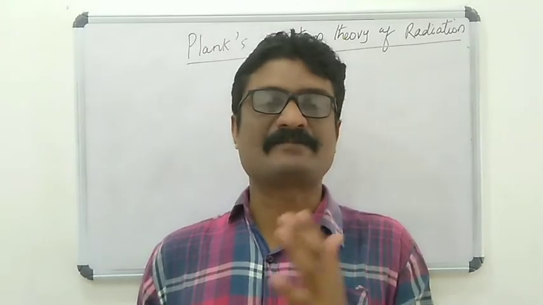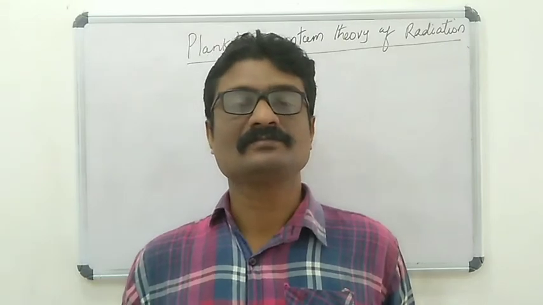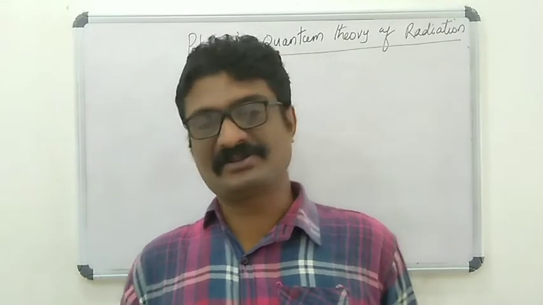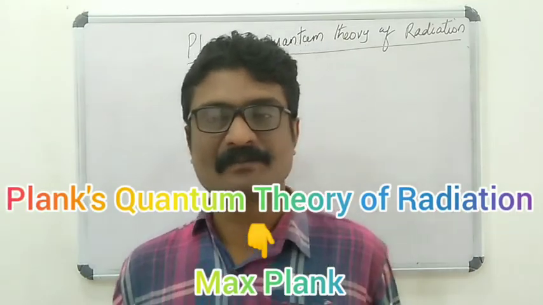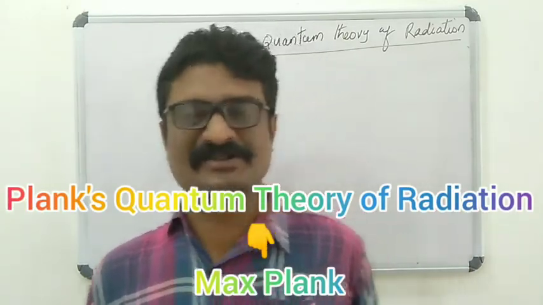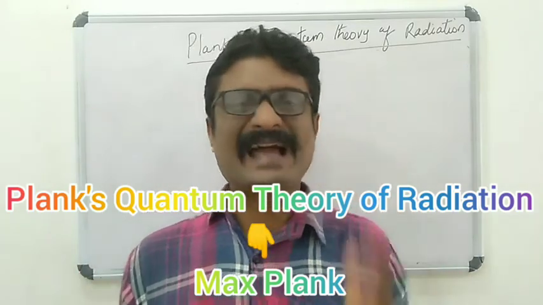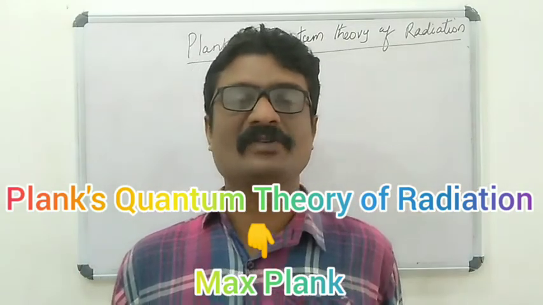In order to explain photoelectric effect, a famous scientist, Max Planck, put forward a new theory of light. It is called Planck's quantum theory of radiation.